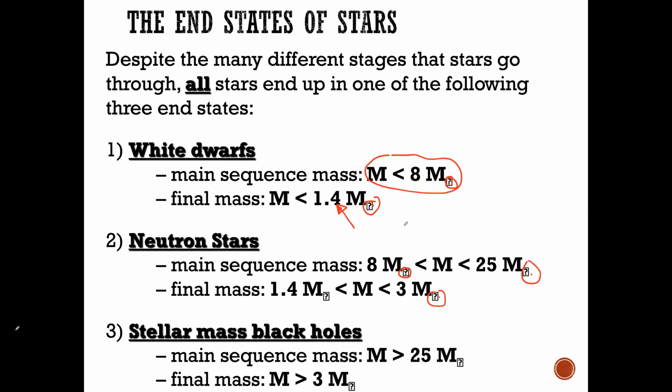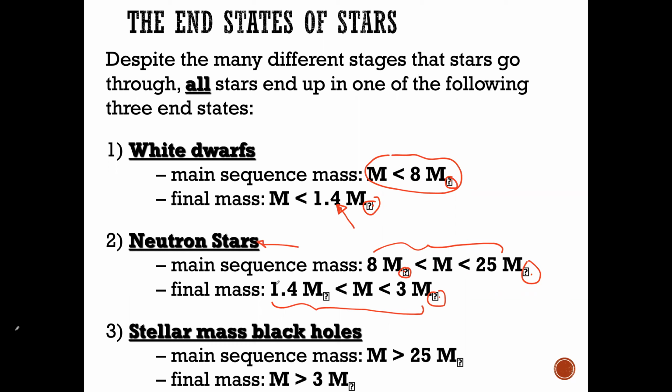And then if you have stars which have main sequence masses between 8 and 25 solar masses, the final mass of those stars will be between 1.4 and 3, which means they will become neutron stars.